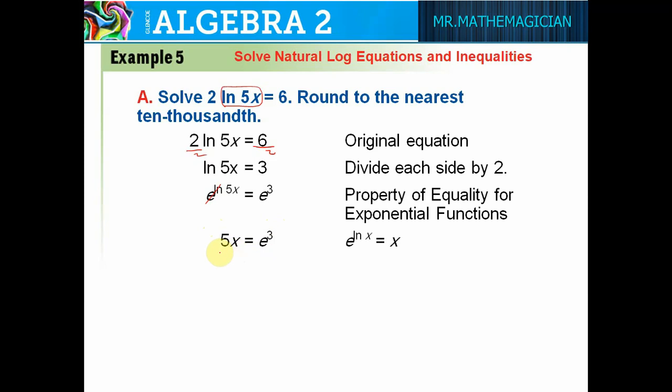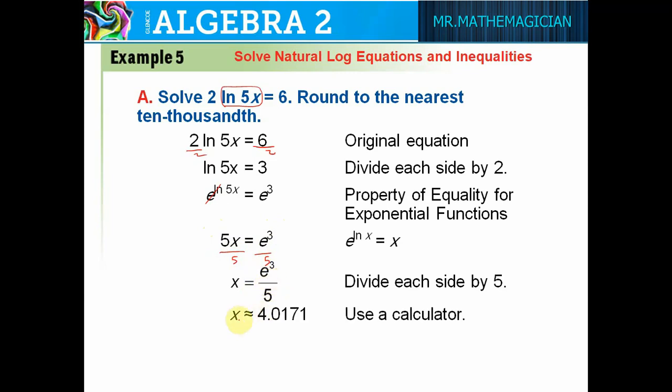Let's divide by 5, so x equals e to the power of 3 over 5, and we can leave it as an exact answer, or if the approximated answer is required, we can use a calculator. x is approximately 4.0171. This is the final answer.